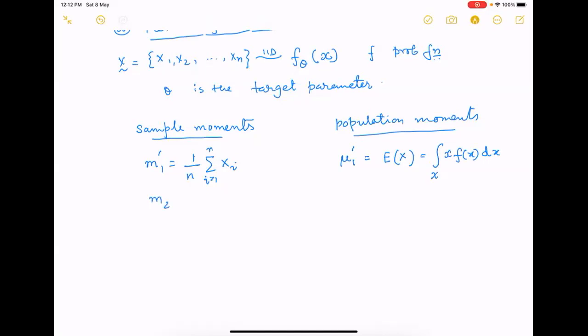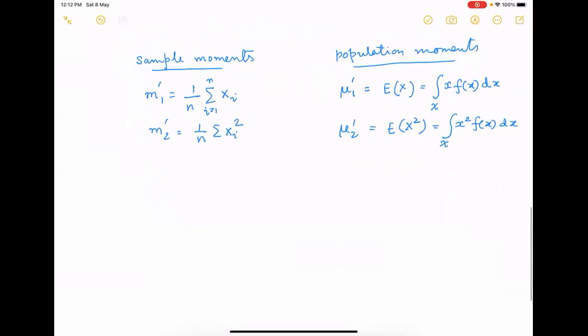Then m2 dash, the second raw moment, is 1 by n summation xi square, and mu 2 dash is the expected value of x square, integration of x square f(x) dx. In this way you go up to whatever moment you need: mu k dash is the expected value of x to the power k, integration of x to the power k f(x) dx.